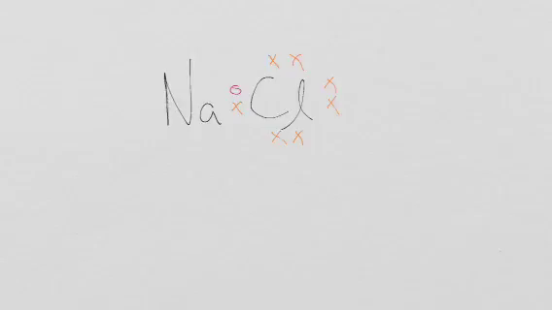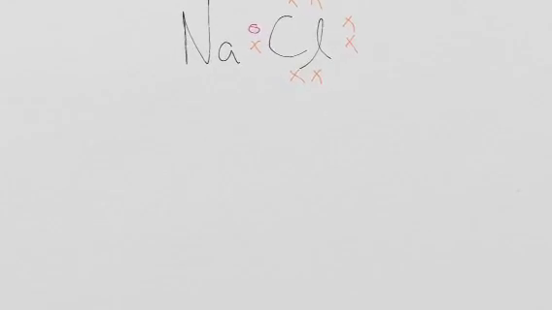Some of you, if I ask you to draw chlorine, will look at the periodic table and say Cl. Well, Cl has an atomic number of 17, means it's got 17 protons, so it's going to have 17 electrons. 1, 2, 3, 4, 5, 6, 7, 8, 9, 10, 11, 12, 13, 14, 15, 16, 17. Yeah, Lewis notation.